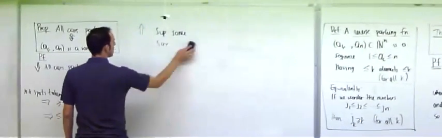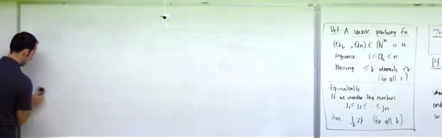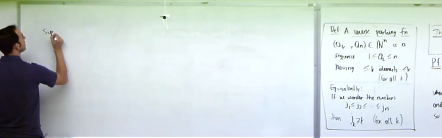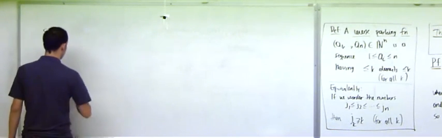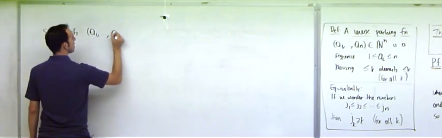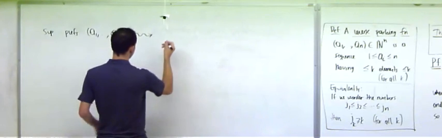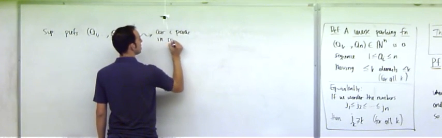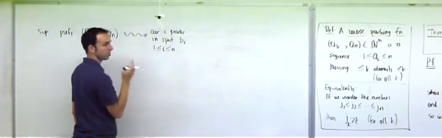So the plan is the following. Suppose that if your preferences are A1 up to AN, then let's say that car i parks in spot, let's call it Bi.